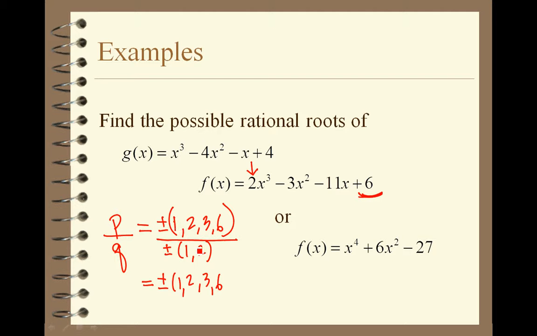If you divide 1 by 2, you get 1/2. Divide 2 by 2, you get 1, and we already have that, so no need to rewrite it. 3 by 2 is 3 over 2, and 6 divided by 2 is 3. We already have that possible root. So these are the possibilities here.